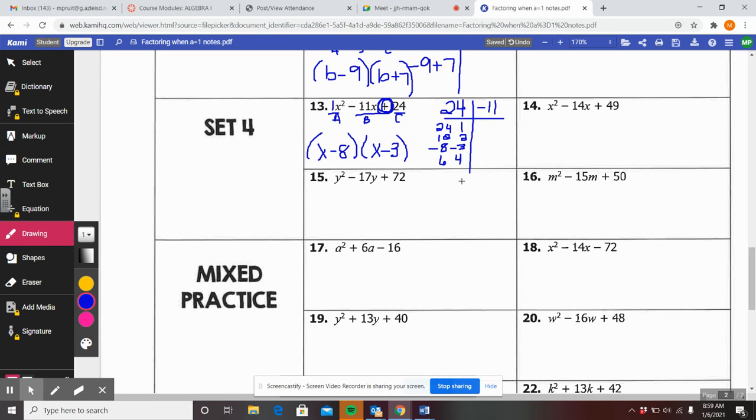Let's try again. So I'm going to factor. So when it's a plus on the end, but this is negative, that means they're both going to be negative. Okay. So this is A, B, C. So I'm trying to find my factors of 72 that give me 17.